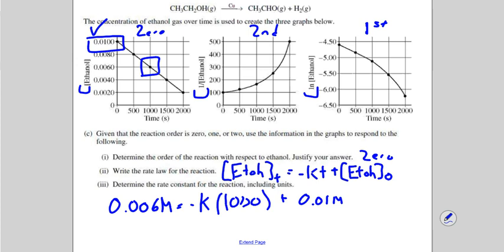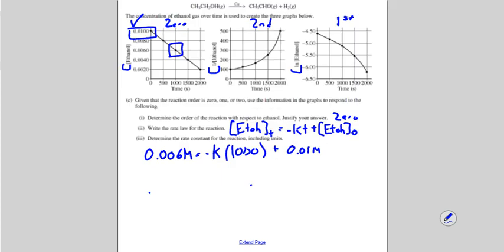So I can now solve for k. Negative k is equal to 0.006 minus 0.01, all over 1,000. I should preface that: it's negative k. Important keynote there.